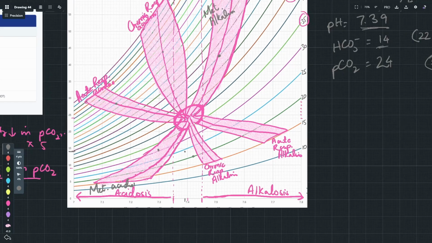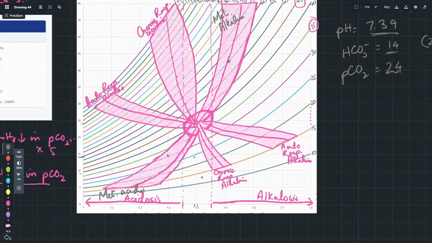So for the ABGs to be normal, if I draw the dot, it must lie somewhere in this range. Even that could be deceptive, I will show you in a moment.